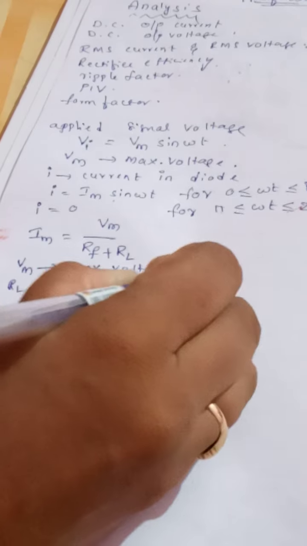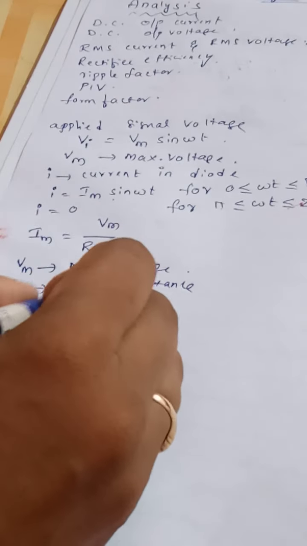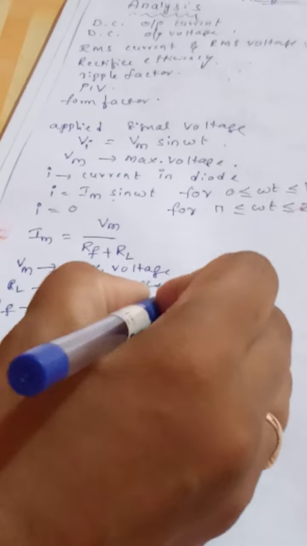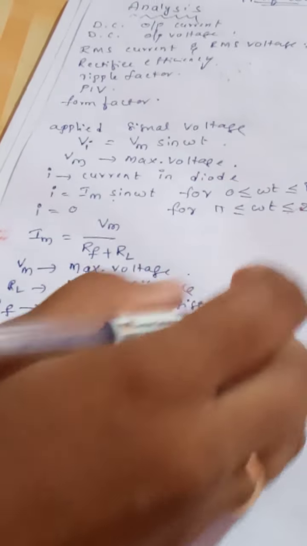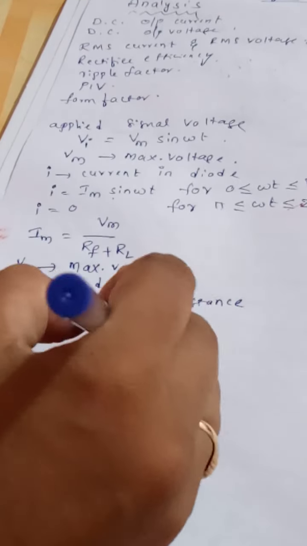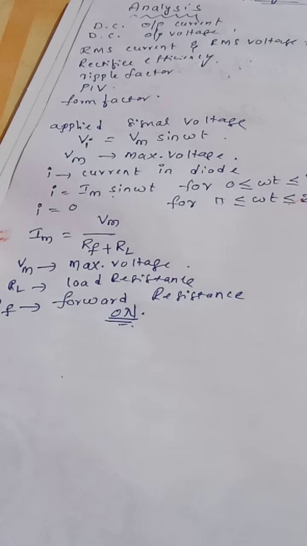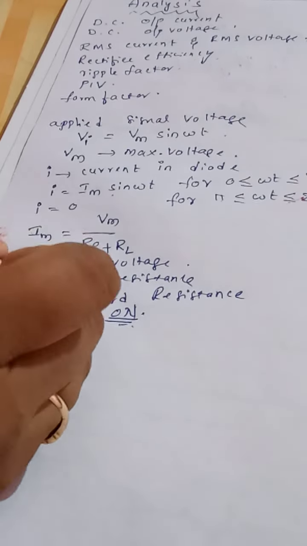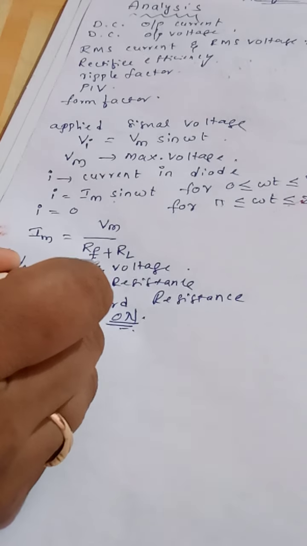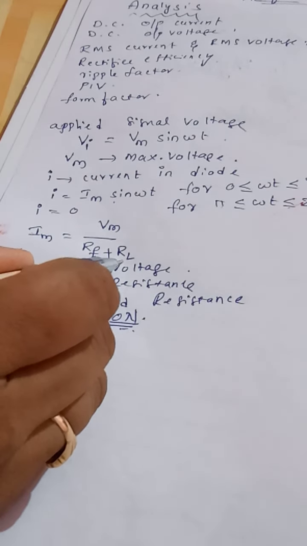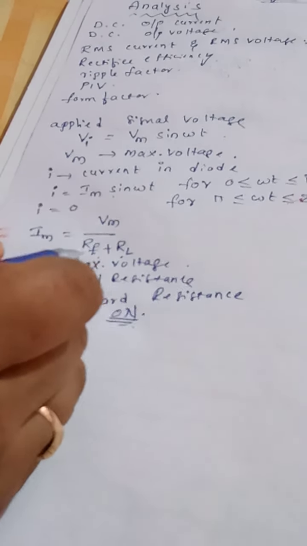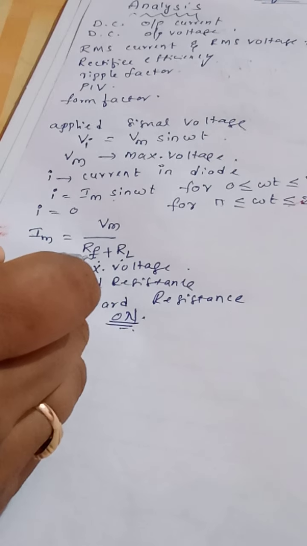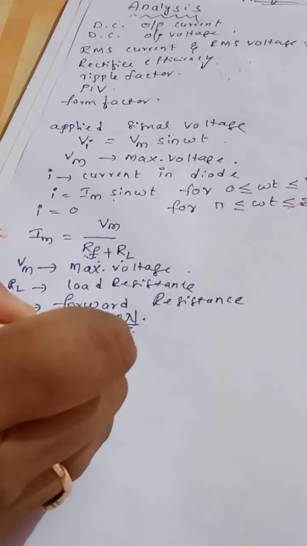RL is the load resistance, and Rf is the forward resistance of the junction diode, the resistance created when the diode is in the on position. Okay, here we just utilized the formula V equals IR. In place of R, we wrote the load resistor plus the forward resistance of the junction diode when it is in the on position.